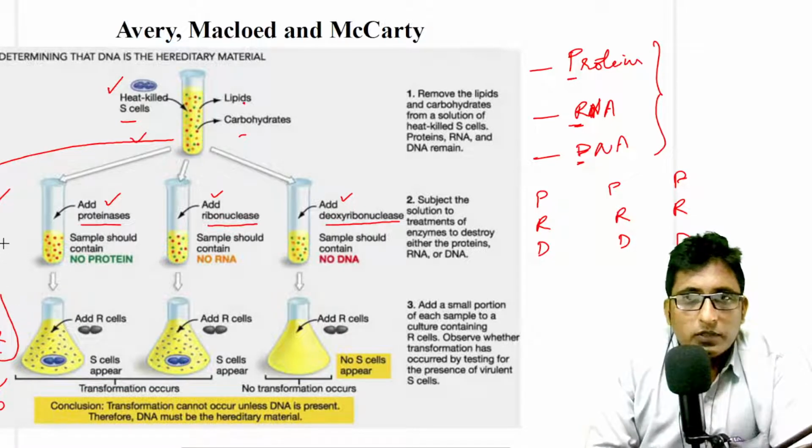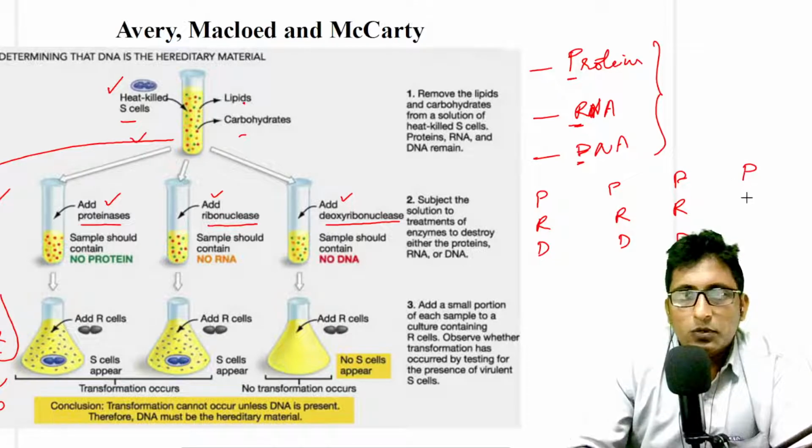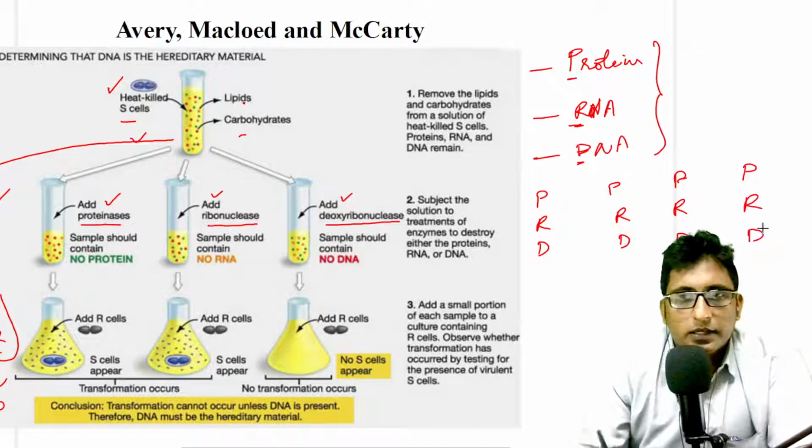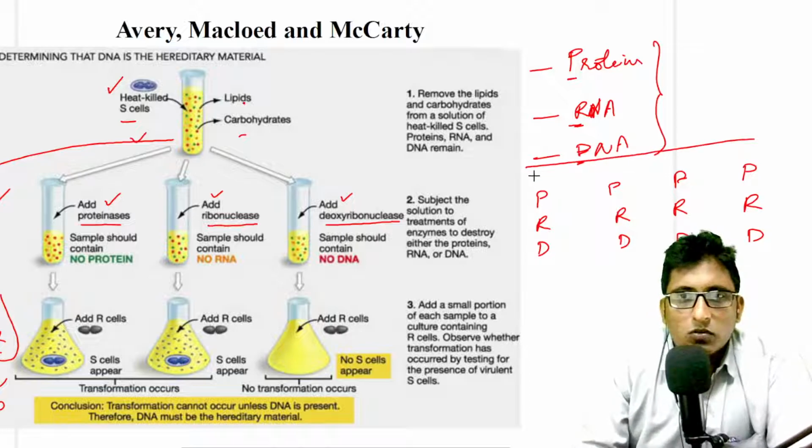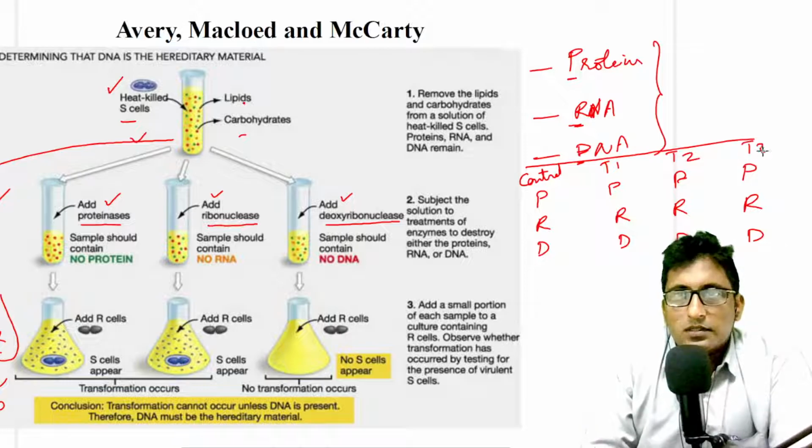In this case, they had all three: proteins, RNA, and DNA. One of them I will describe as the control. This is test 1, test 2, and test 3.